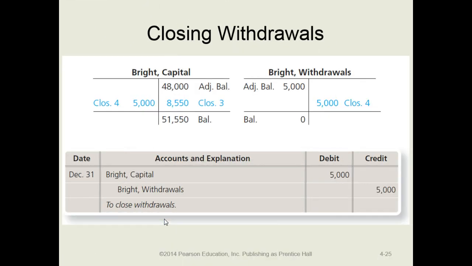And finally, we close the withdrawal account. In this case, we're going to debit capital for $5,000 and credit the withdrawal account to close it out, leaving it with a balance of 0. And now our capital account should have the proper balance, which in this case is $51,550.